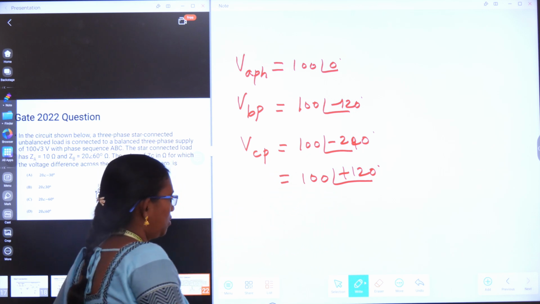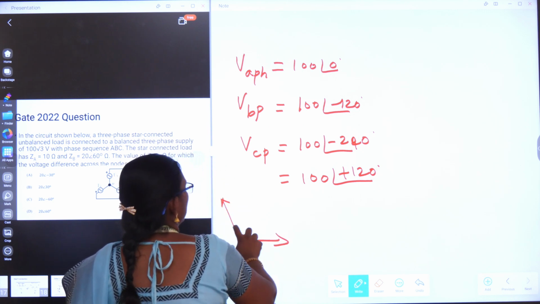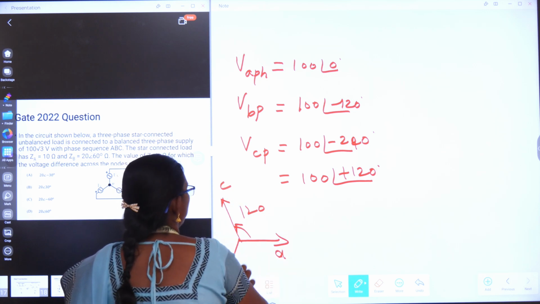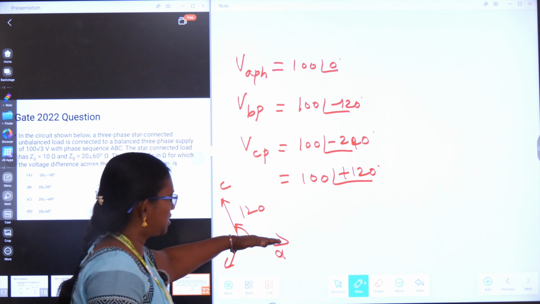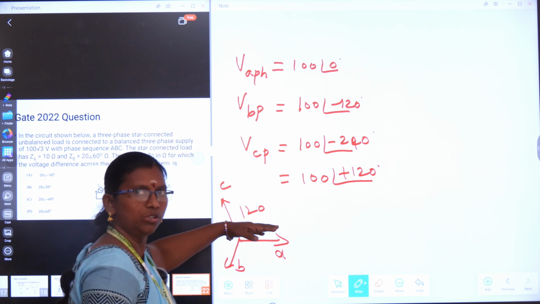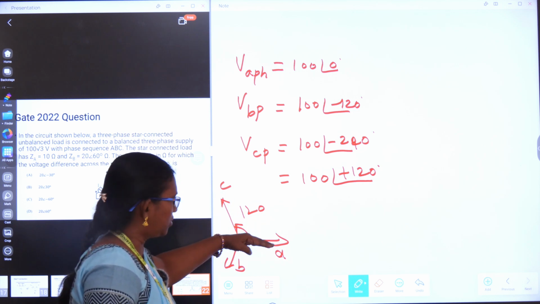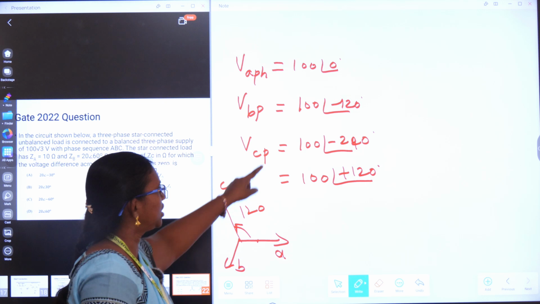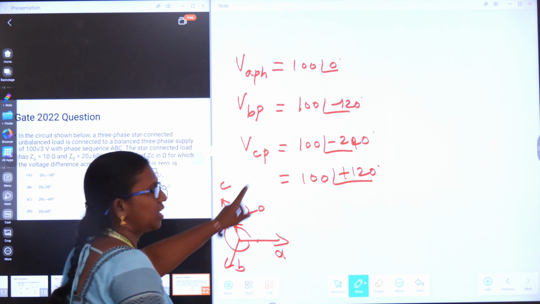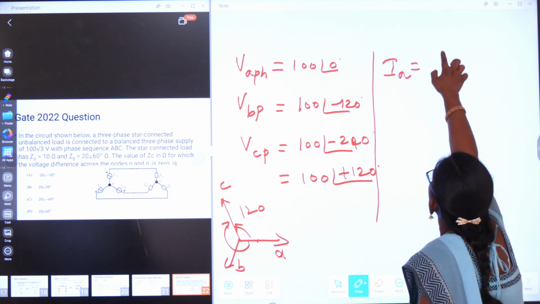So B phase is lagging 120 degree from A and C phase is leading 120 degree from A. We can say it either way: 100 angle minus 240 or 100 angle plus 120.